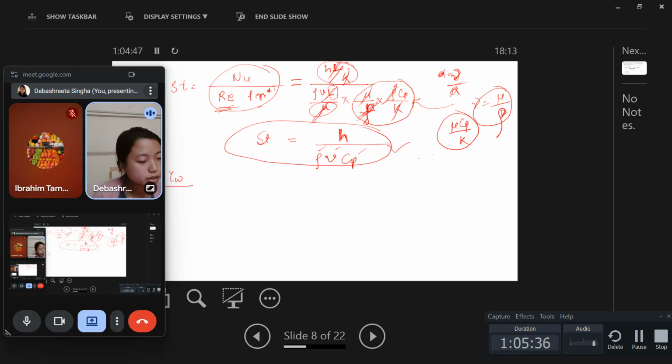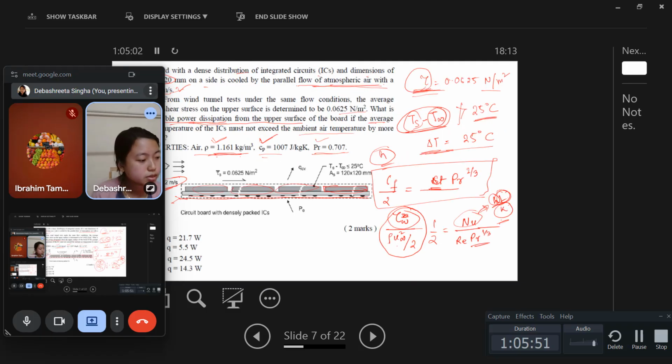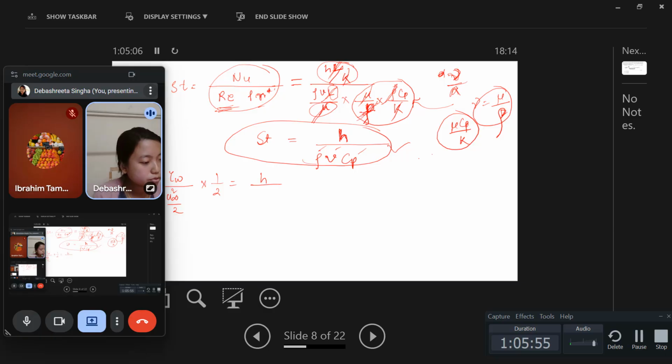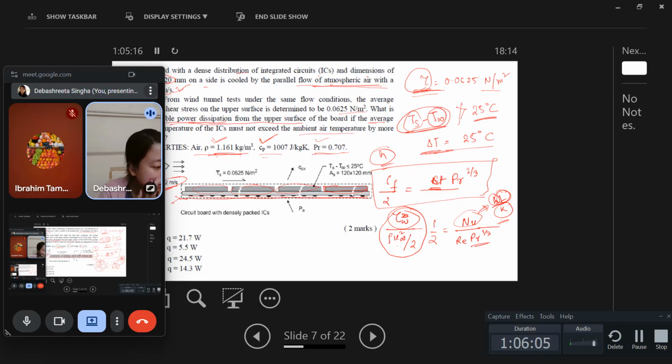Now tau divided by rho u square by 2 into 2 is equal to, that was Stanton number into Prandtl number to the power 2 by 3. So instead of St, we can write this. Prandtl number is already given, so we don't need to worry about that. It's given as 0.707.